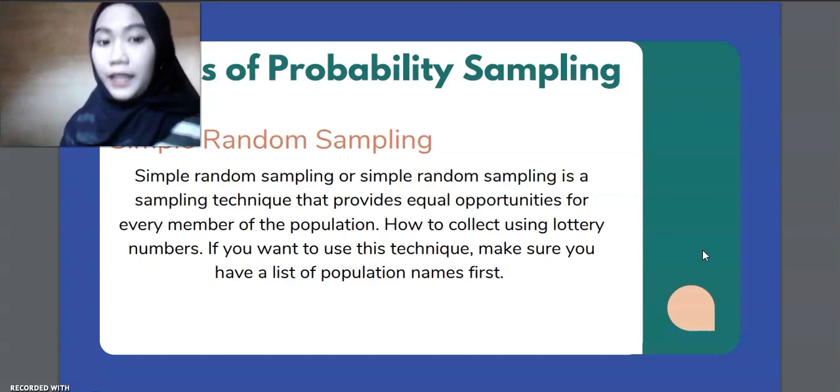Simple random sampling is a sampling technique that provides equal opportunities for every member of the population. How to collect using lottery numbers? If you want to use this technique, make sure you have a list of population names first.